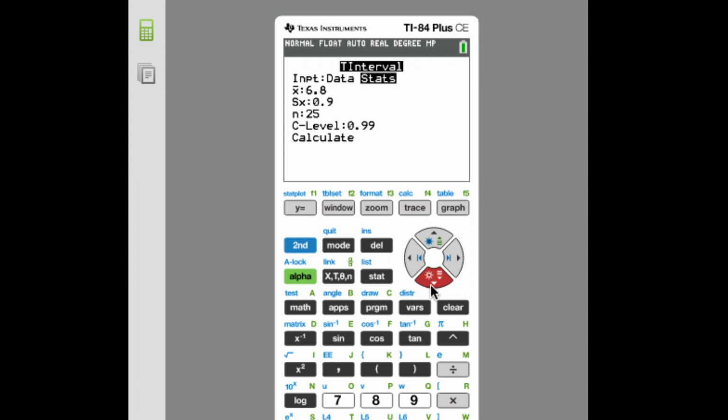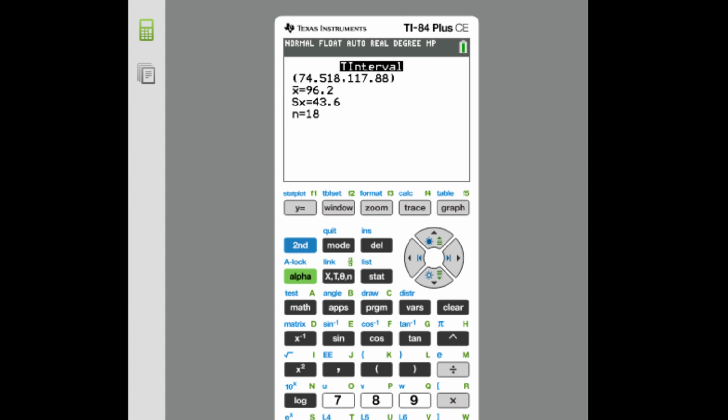Anyway, let's enter this. What's the mean again? 96.2. What's your standard deviation from the sample? 43.6. What's the sample size? 18. What was the confidence level in this one? 95. Okay. Calculate this, and what does it give you?